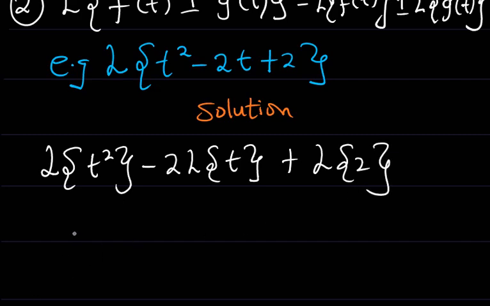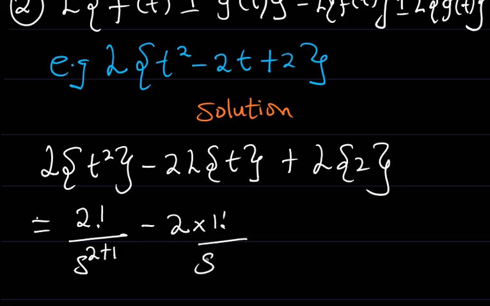Of course, this is equal to the Laplace transform of t square, which is 2 factorial all over s raised power 2 plus 1. You know that already. The Laplace transform of t is with t raised power 1, so that's going to be 2 times 1 factorial divided by s raised power 1 plus 1, then plus the Laplace transform of 2, which is 2 all over s.